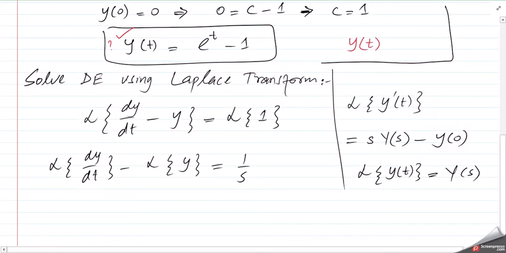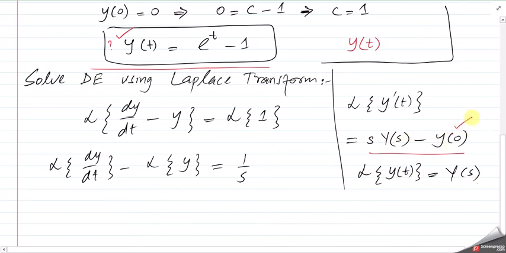So here we don't know what y is. We have to find it because we have to solve the equation using Laplace transform now. If we don't know what y of t is, then the Laplace of y of t is capital Y of s. And the Laplace of y prime of t is s multiplied by Y of s minus y of 0.